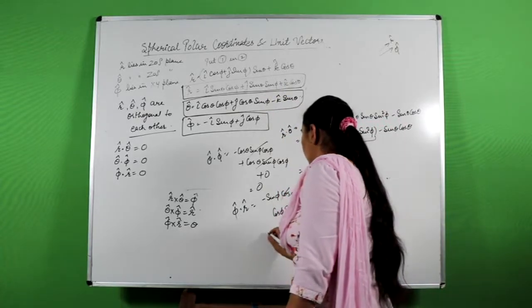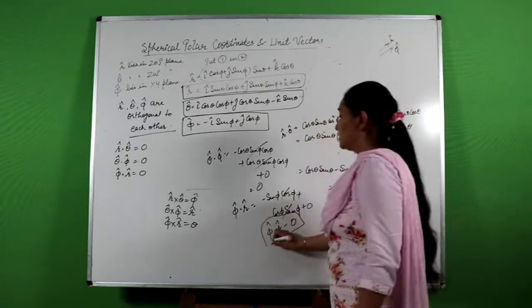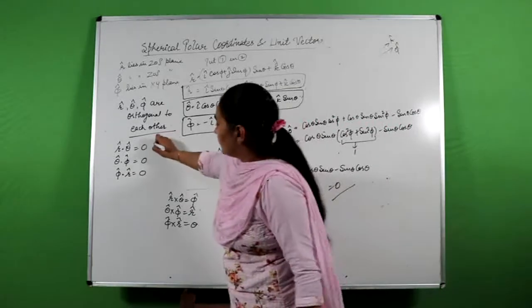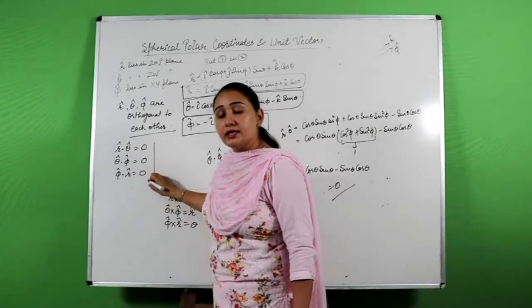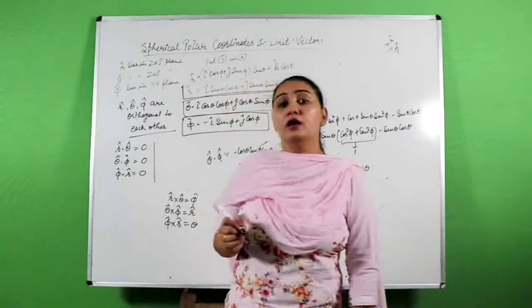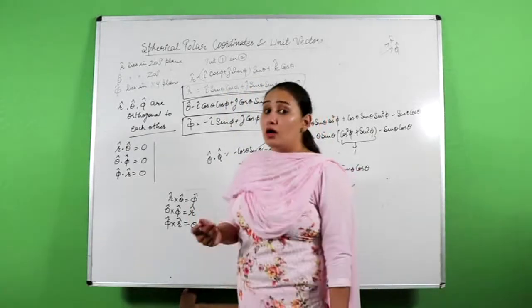So I can cancel out and I get phi cap dot r is 0. So this proves these three relations: r dot theta is 0, theta dot phi is 0, phi dot r is 0. So it means my unit vectors r cap, theta cap and phi cap are orthogonal.